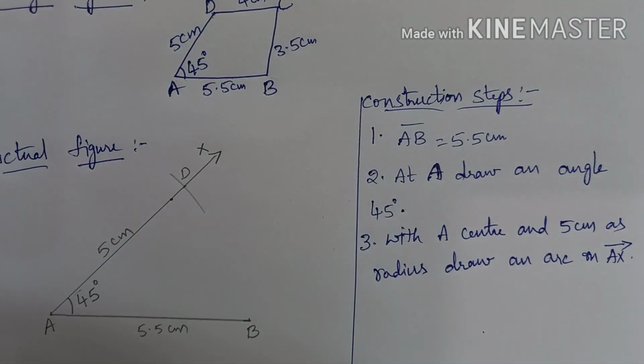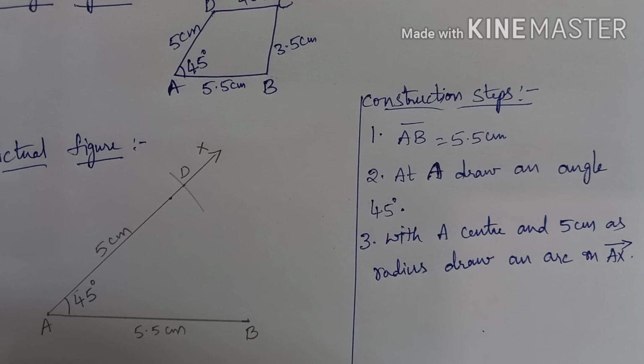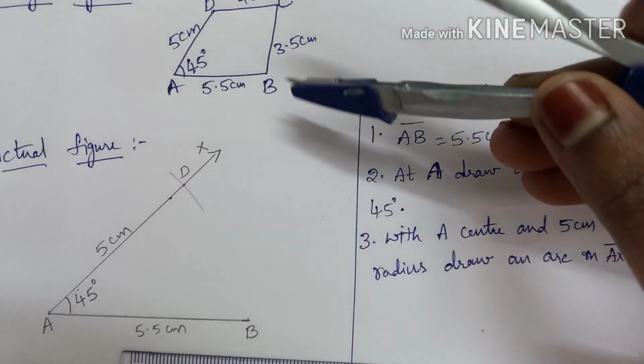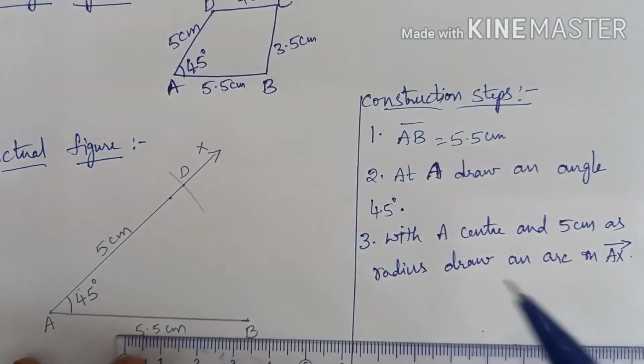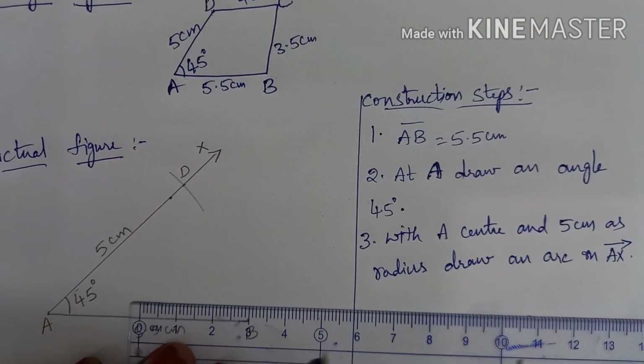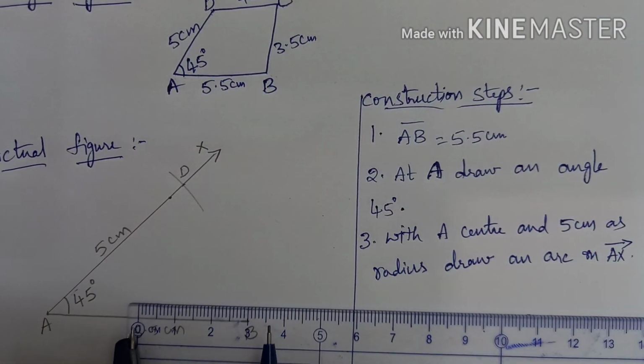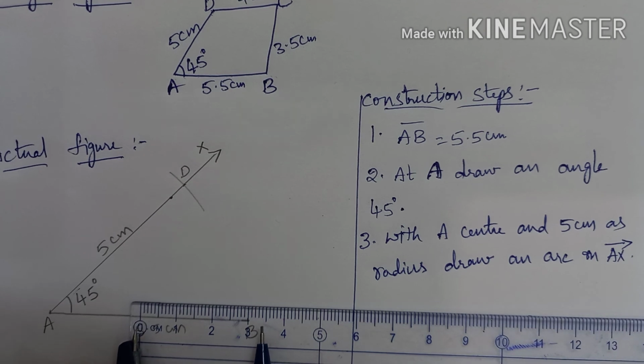With B as center, again take the ruler and take 3.5 centimeters as radius. Okay.